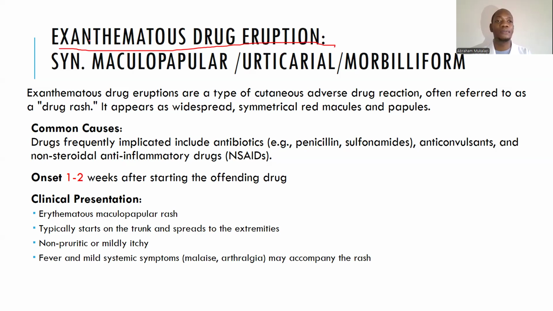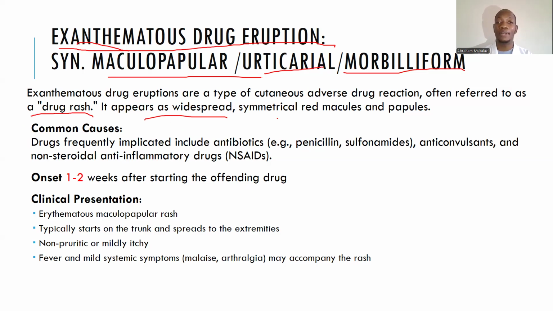I love this description because all the manifestations of this drug rash lie within the name. Exanthematous, meaning you'll have exanthematous eruption, sometimes urticaria, sometimes morbilliform like measles, like maculopapular, which is just like morbilliform. So this is a drug reaction that we usually also call just simply the drug rash.